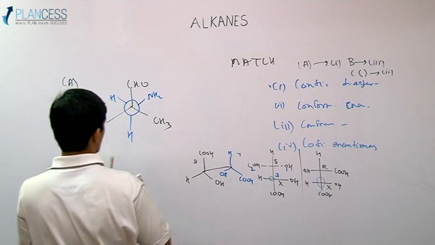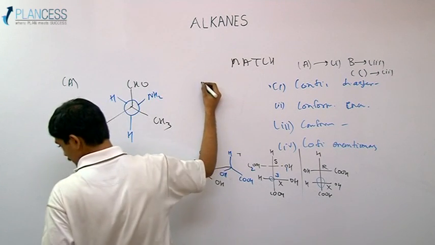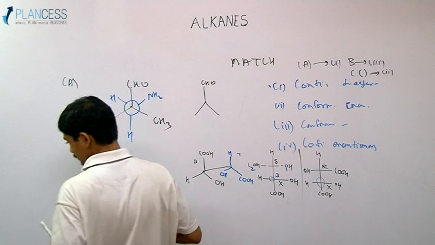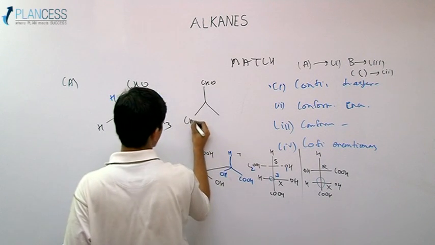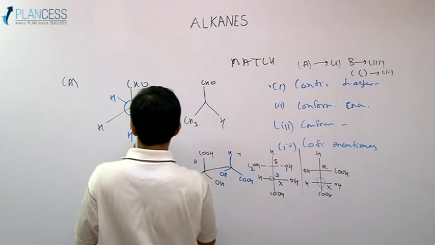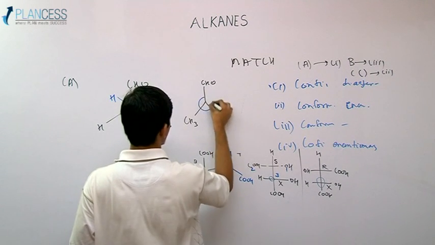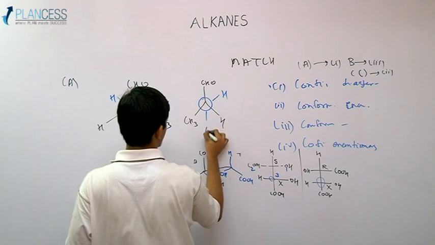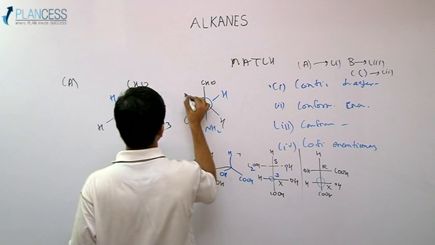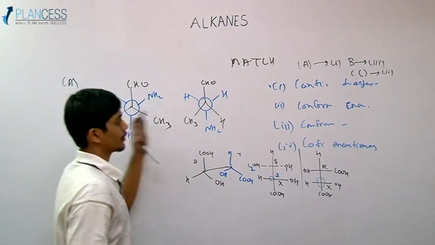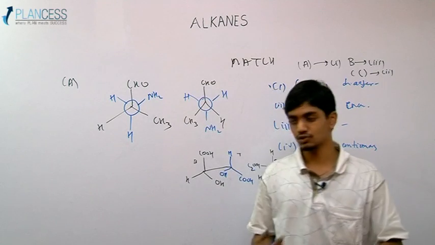Now on this carbon again we have CHO, CH3, H. Then on the back carbon we have H, NH2, H. Fine. Now we have to determine what is the relationship between these two.